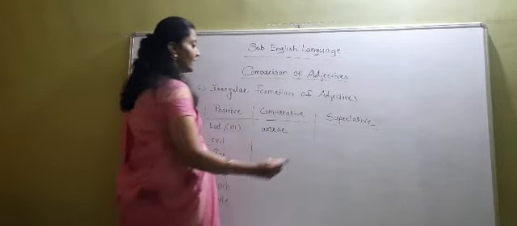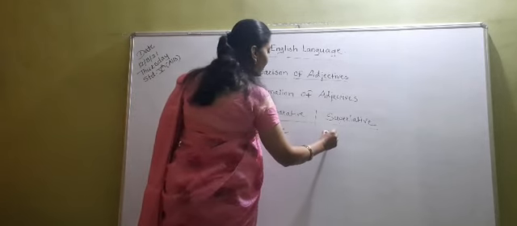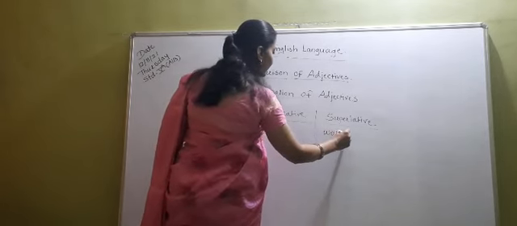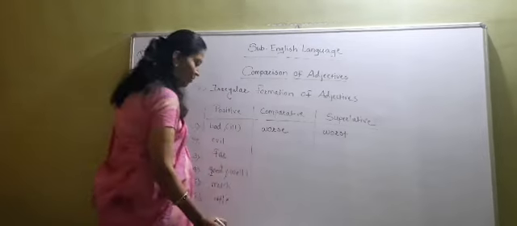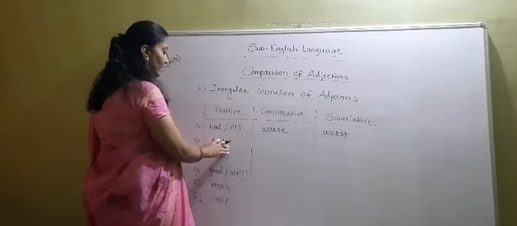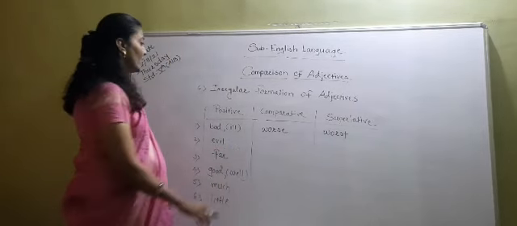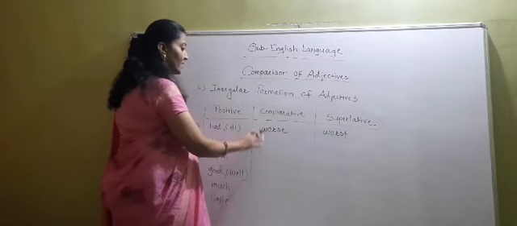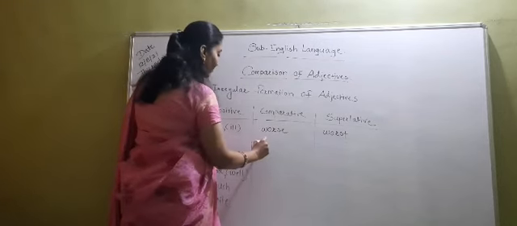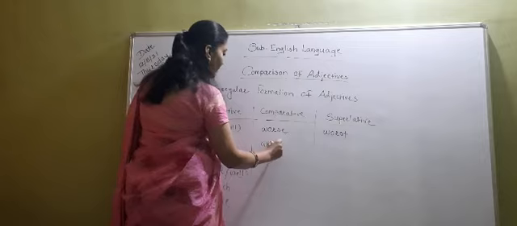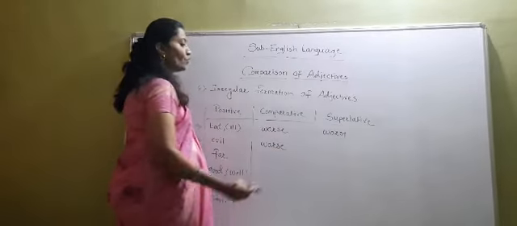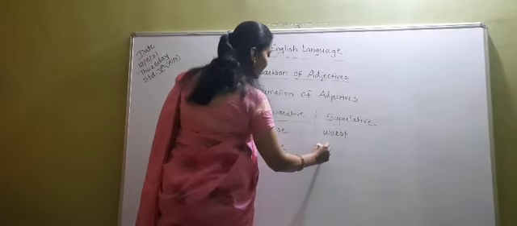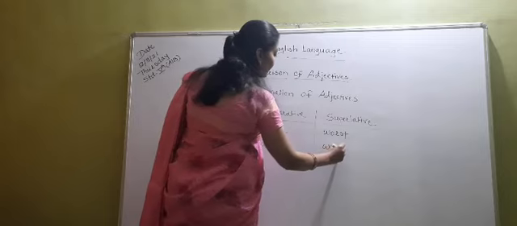And in superlative degree we have to write down worst. W-O-R-S-T. Worst. Then evil. Evil. For evil, same, you have to write here worse in comparative degree, and in superlative degree you have to write down the worst.